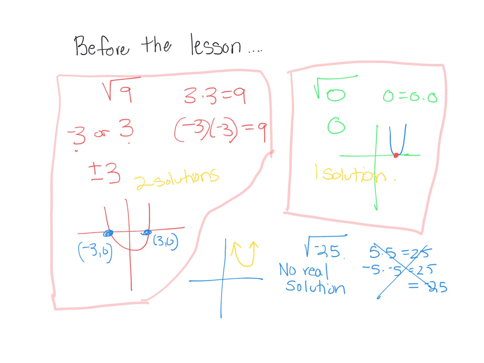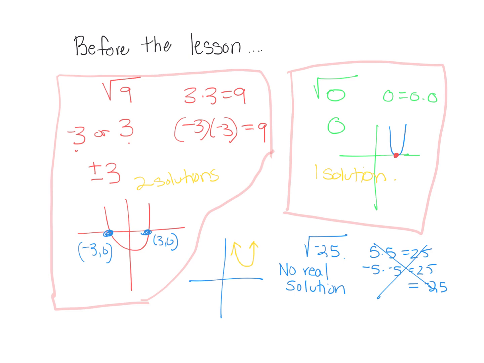And so here, where we had a positive number underneath the radical, we were able to get 2 roots, which gave us 2 solutions. Here, where we had a 0 underneath the radical, we were able to get 1 solution, because the only thing we can multiply to get a 0 is 0 times 0.